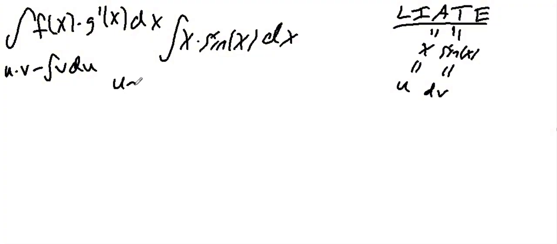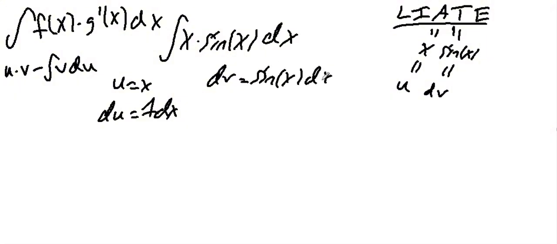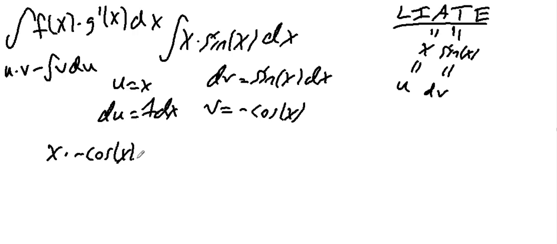So now we will substitute in, if u is equal to x, du is equal to 1 dx, dv is sine of x, and v is equal to the integral of sine of x, which is negative cosine of x. Now we use our formula again, and we have x times negative cosine of x minus the integral of v du, which is negative cosine of x dx.